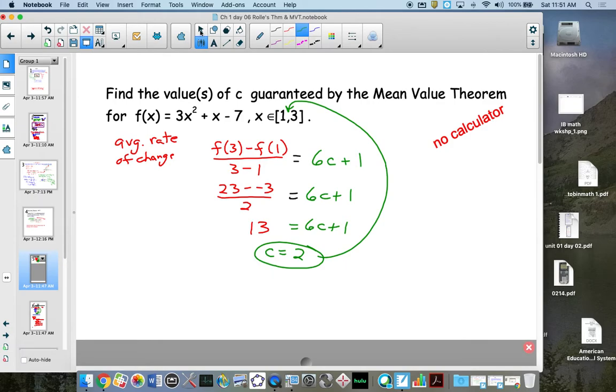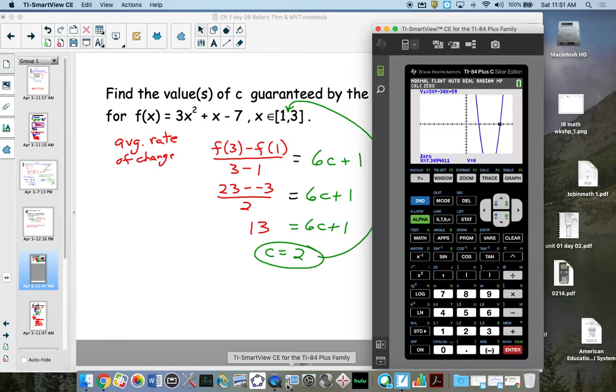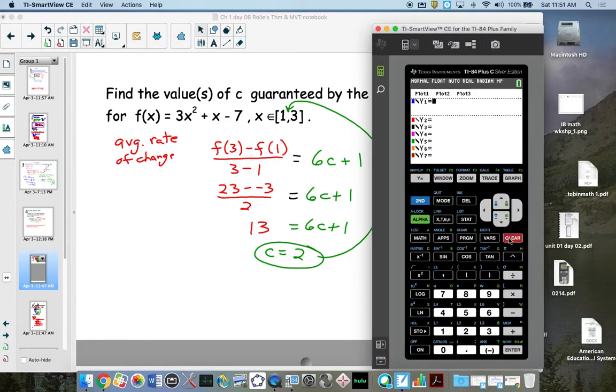It might help to look at, let's do this really quickly, let's look at a graph of this. Let's take 3x squared plus x minus 7. And maybe I'll zoom in a little bit. Or maybe I'll just fix the window. So 1 to 3.